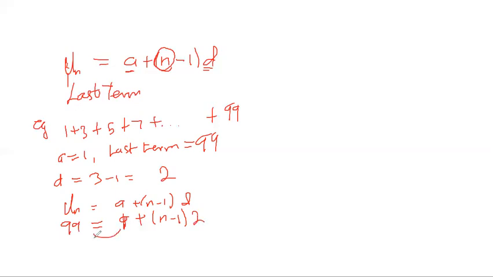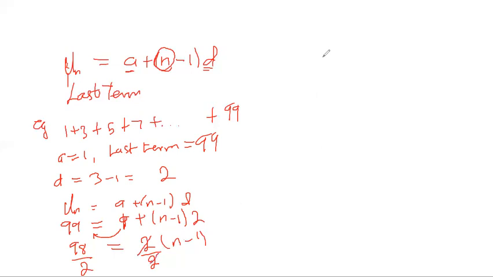So we take the 1 from the left hand side, and when we subtract we remain with 98, and this gives us 2 into n minus 1. So we can divide by 2 here.